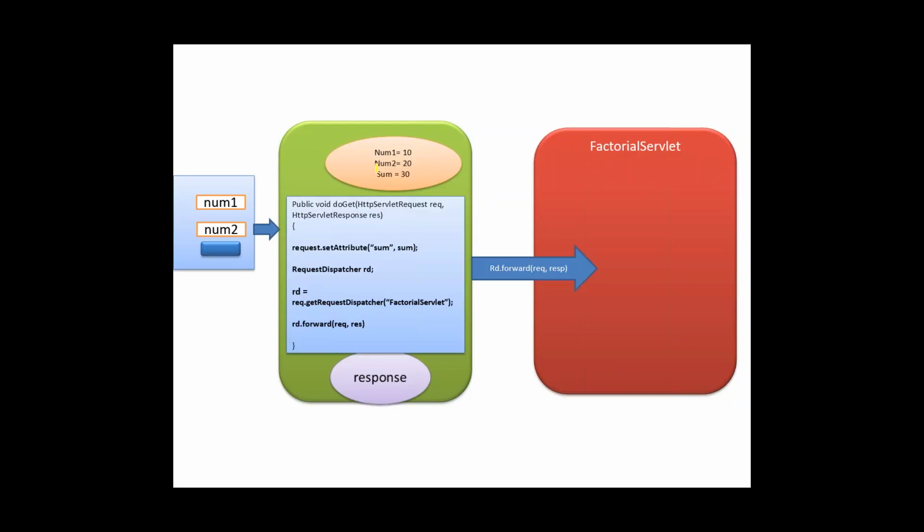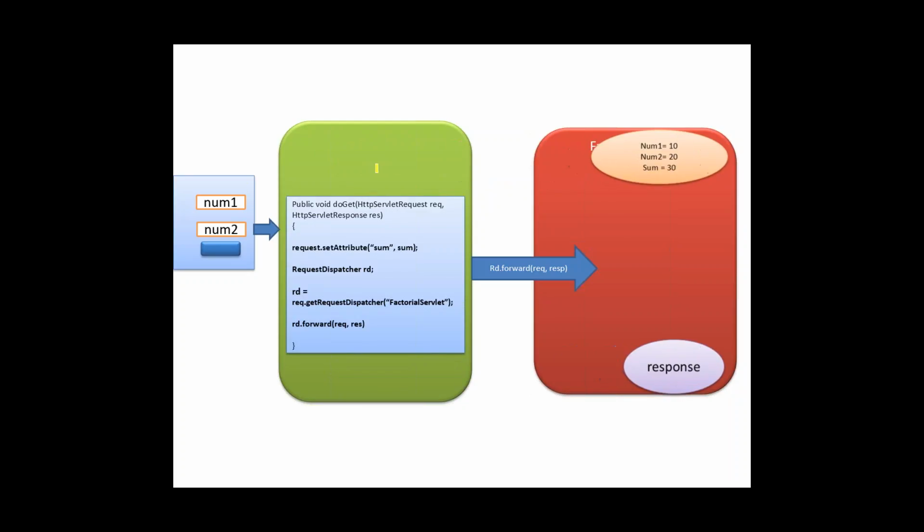So when you say rd.forward, the container will pass the same request and response object. That is what the signature is: request comma response. So it is transferring the same request and response object. The container will not create a new request and response object for the factorial servlet.